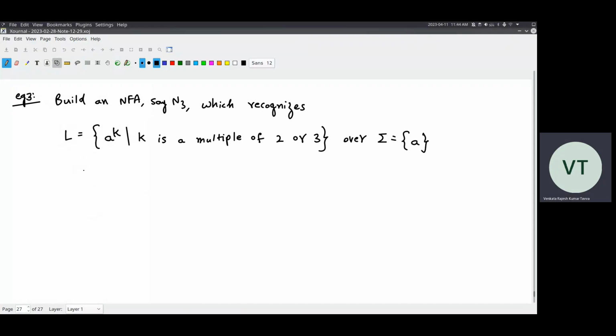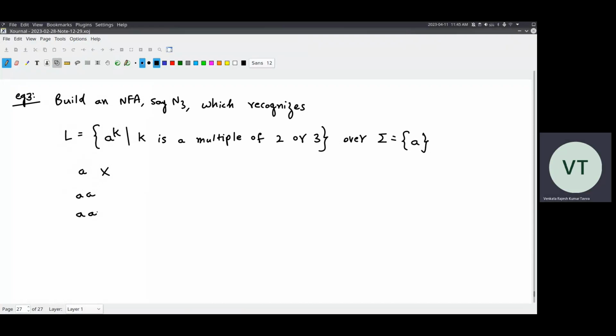Okay, so to put it simply, it has strings which are constituted of only A's, like A, AAA, and so on, out of which some strings' lengths are multiples of 2, some strings' lengths are multiples of 3. Only those kind of strings should be accepted, other strings should be rejected. So this will not accept a string with a single A. This will accept a string with 2 A's.